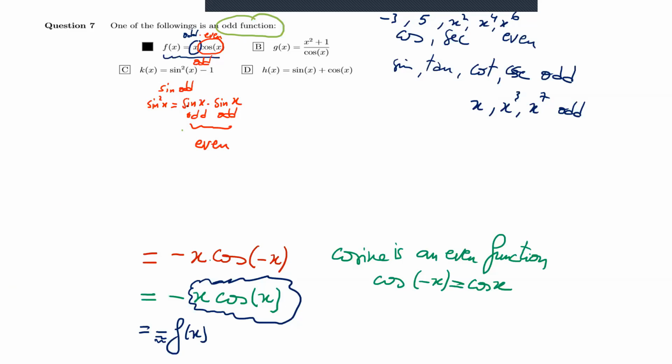So sine squared is even, and the constant minus 1 is also even. This is a constant. And sine squared is even. So we have even minus even. If we add or subtract even functions, we get even.